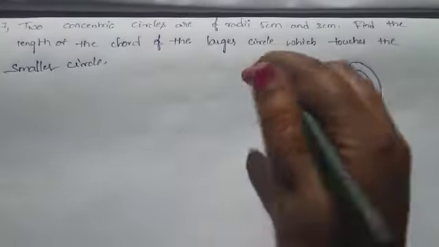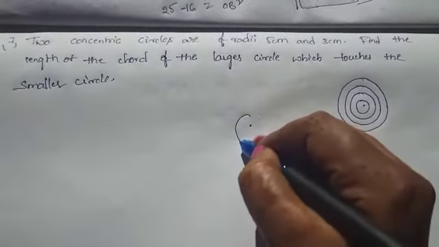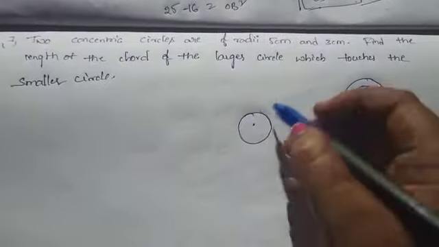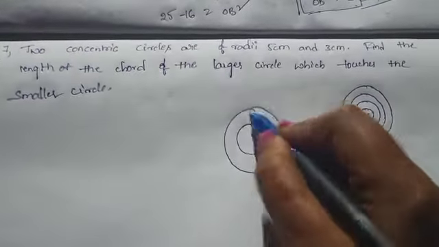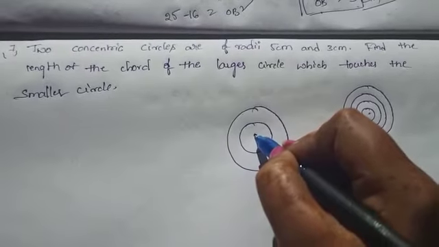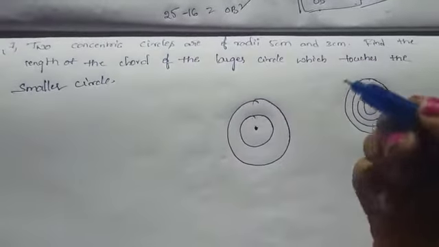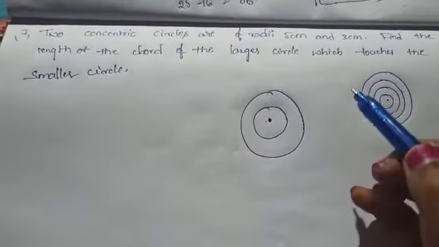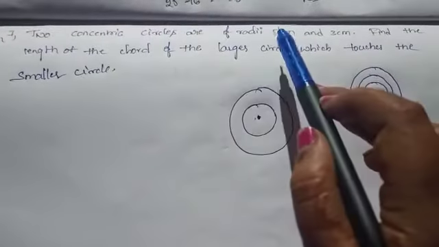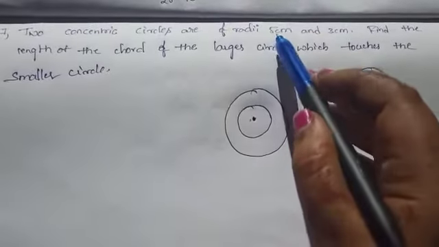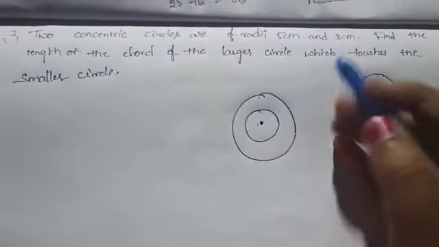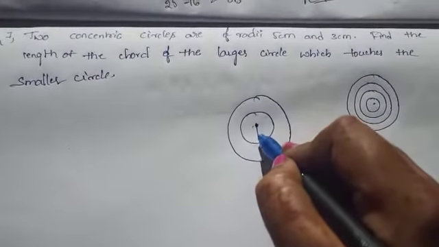But here we need two concentric circles. Draw two concentric circles. This is the smaller one. This is the larger circle. They have the same center. Here given radii of two concentric circles 5 centimeters and 3 centimeters.